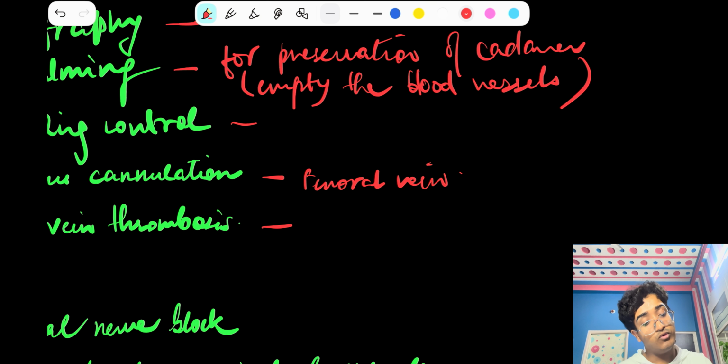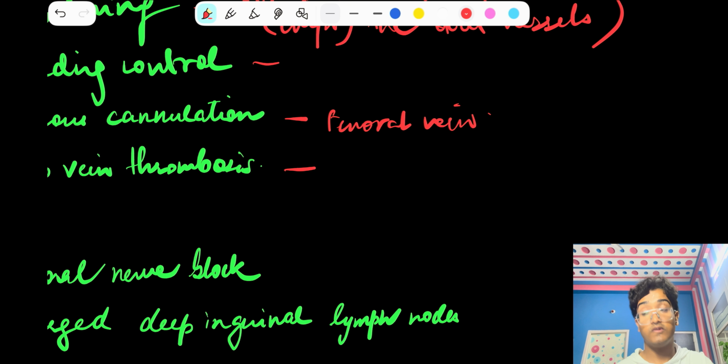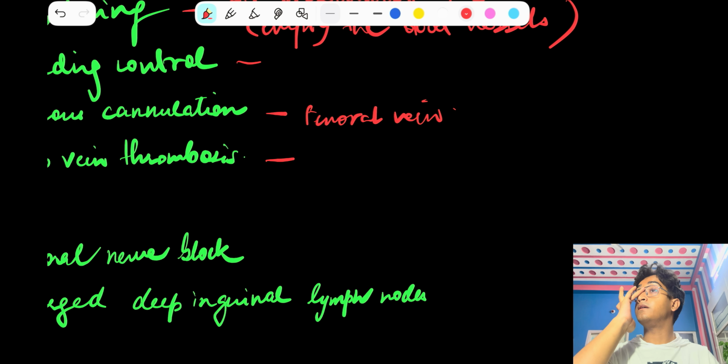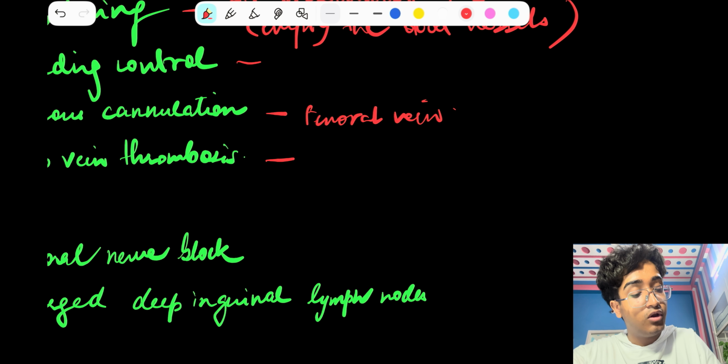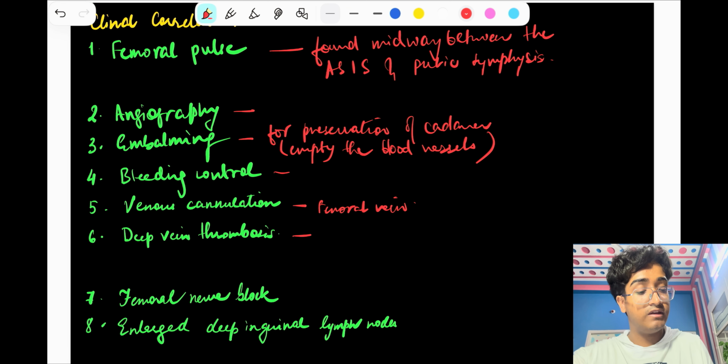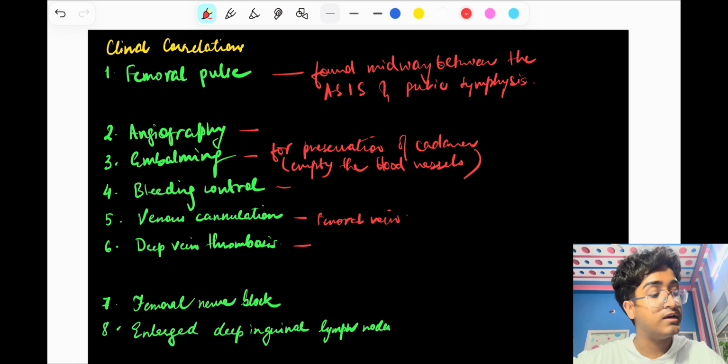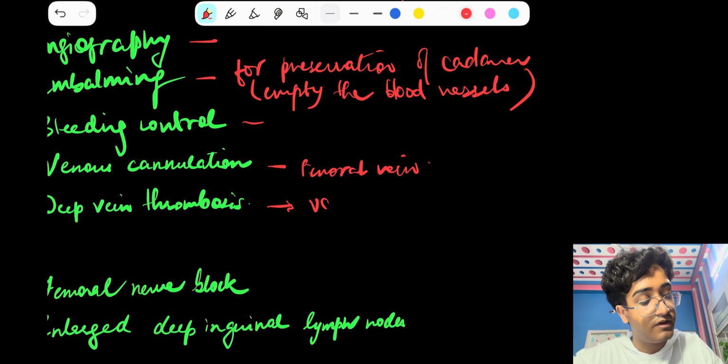In deep vein thrombosis, there is incompetence of the valves of the superficial veins, due to which there can be clot formation in the femoral vein, after which the superficial veins get swollen up and this results in varicose veins.